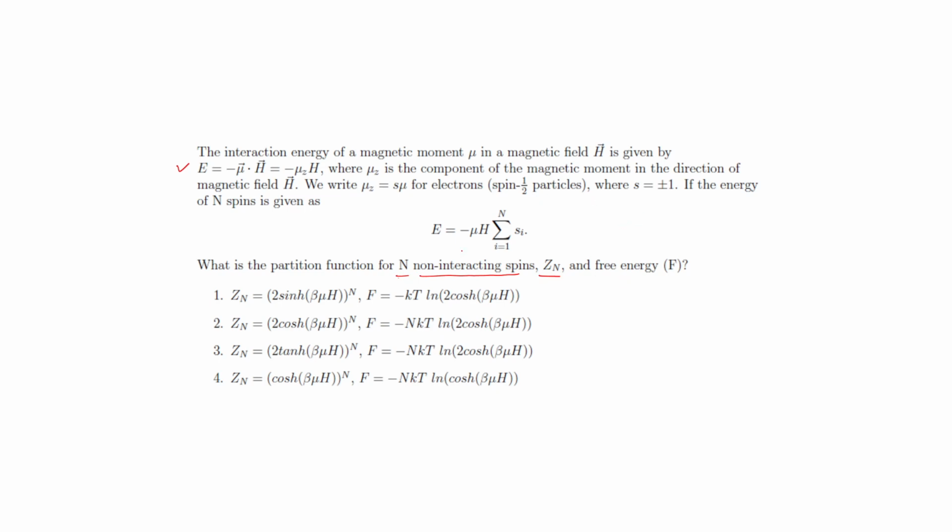You have to find the total number of energy configurations, and the partition function Zn is equal to the sum over all the energy configurations of e to the power minus beta e sigma, for each different configuration. Each different configuration means s1 equal to 1 and all others are 0, then s2 equal to 1 and all others are 0. Similarly you will have different configurations.